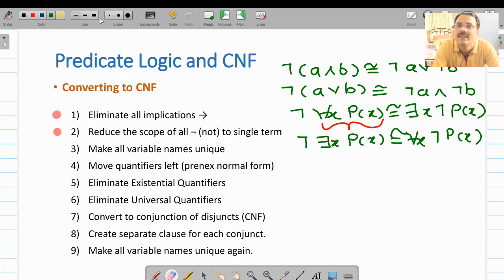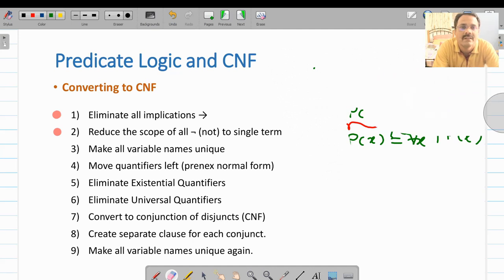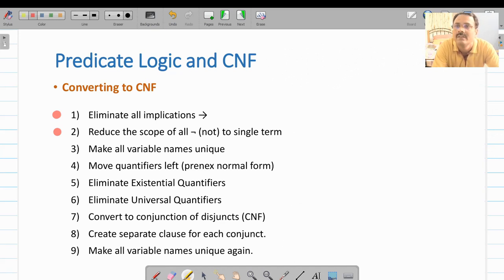Then step 3, which says that you standardize variables. Standardization of variables refers to making all variable names unique. That means if you have used different variables for different purposes in different places, then their variable names should be unique. No two variables should have the same variable name, although it is legal.